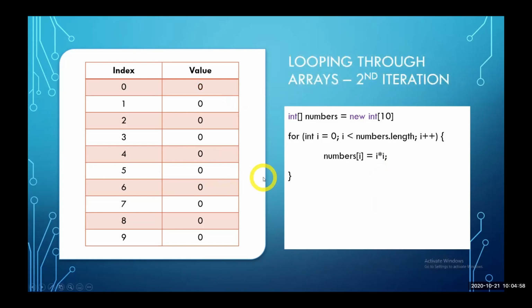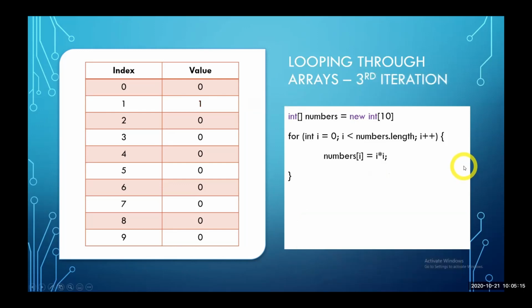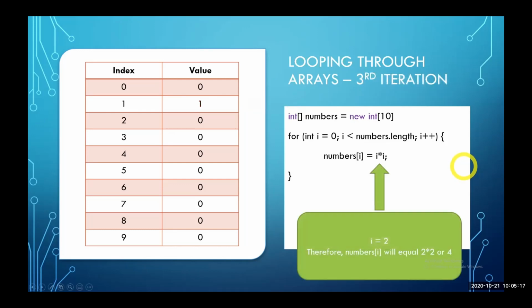The second iteration, now i equals 1. Well, 1 times 1 is still 1. So numbers at index 1 will still equal 1. You see that right there. Third iteration, now i equals 2. So this should be a little bit different.